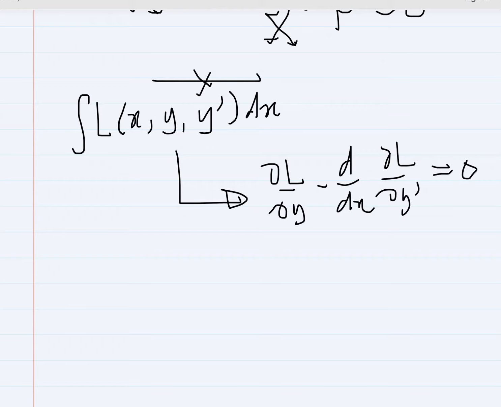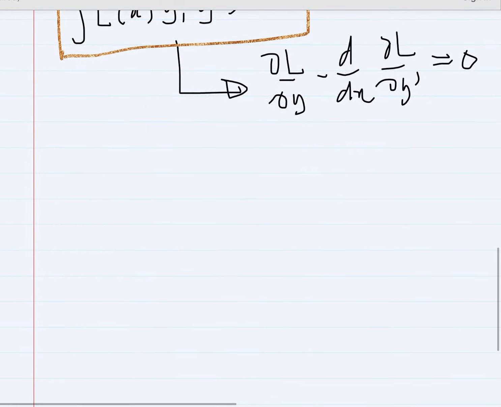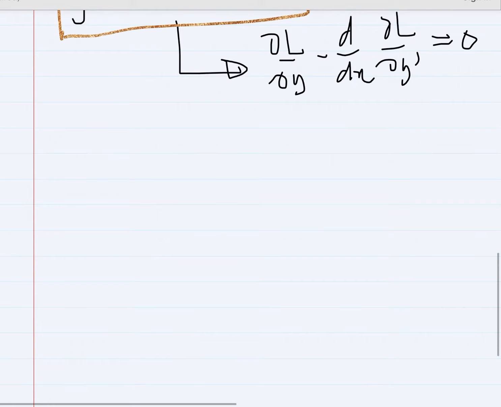This was the Euler-Lagrange equation. So now we're going to study the invariance of this integral. We're only now starting with the notion of the invariance of this integral, but we're going to do a little more.